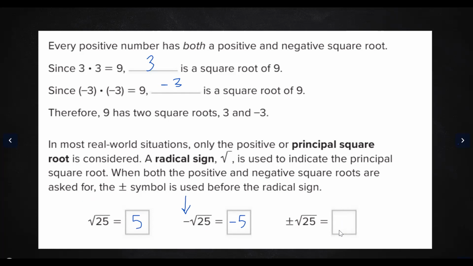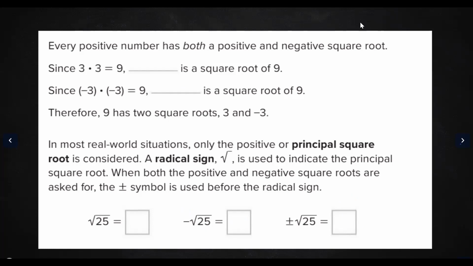Oh, my 5s look very ugly. Let me do them again. So I need to put the 5 and the -5. I'm going to put them a little bit bigger so you can see. And when it's positive, we don't really need that sign. We only put the 5 and the -5. Good.